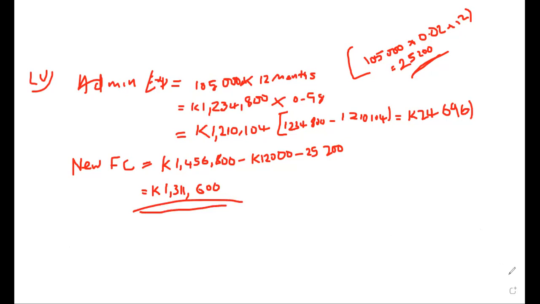Okay, so we proceed. Now we can calculate the break-even point in quantity and the units required to make a target profit of 3 million. So let's go to the next page.